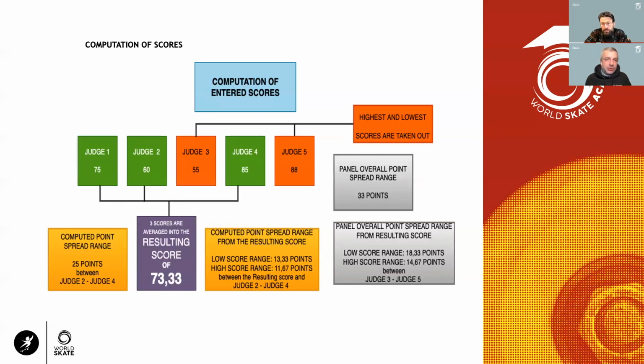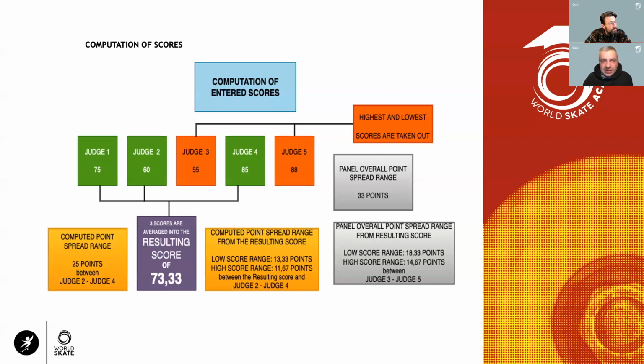Well, to me, if I look at such a big difference, judge number 3 is definitely too mean, and judge number 5 is not so high compared to judge number 4, but they're wrong. They're out of the range.